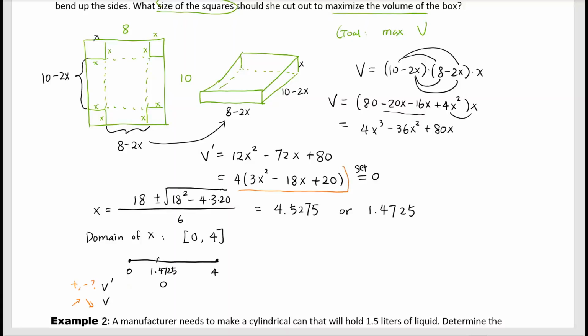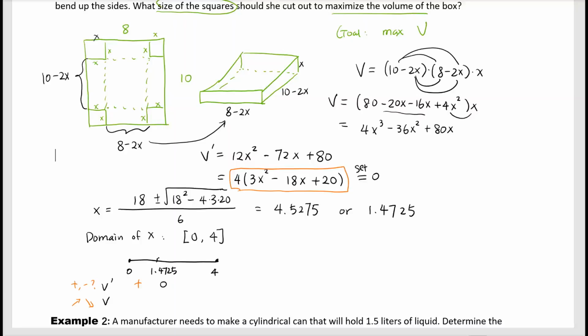We plug in here. So when we plug in 0, we have 4 times 20. So 4 times 20 is positive. So we have positive here. How about next? So we plug in 4. 4 squared 16. 16 times 3 is 48. 48 plus 20, 68.